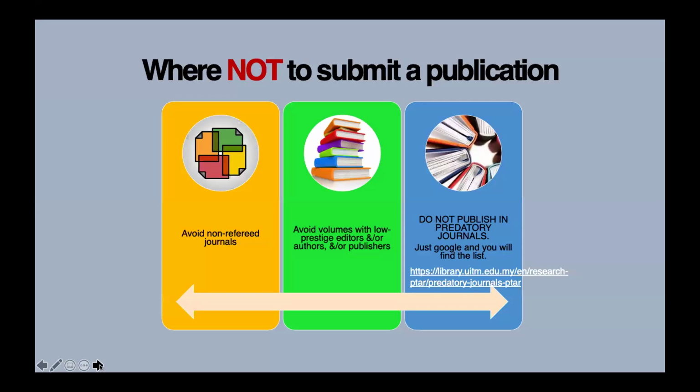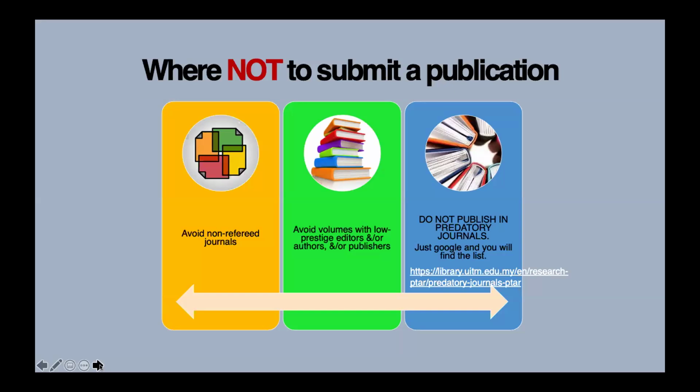So before you settle for publication, or before you submit, please go through the list, and go through the information from the website of the journal, whether it is really suitable for your article. Please do not think that just for the sake of publication you just submit to any journal.